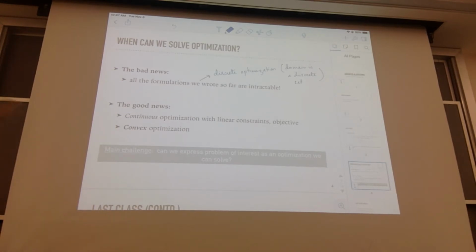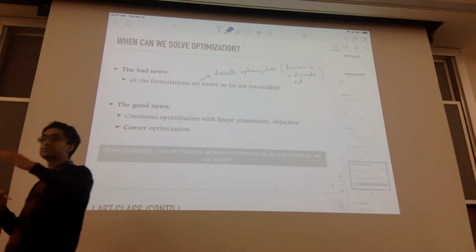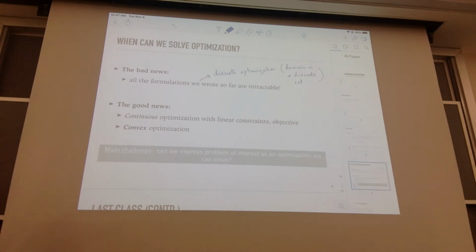And one of them is you want to do continuous optimization, with linear constraints and a linear objective. So this is what we call linear programming. This can be solved efficiently. And there's another class which is called convex optimization, which is a superset of this and can also be solved efficiently but with some caveats.